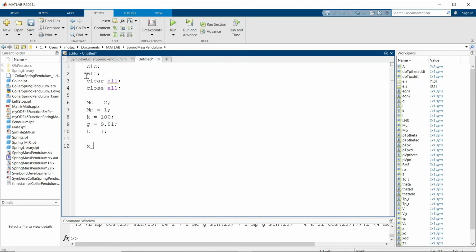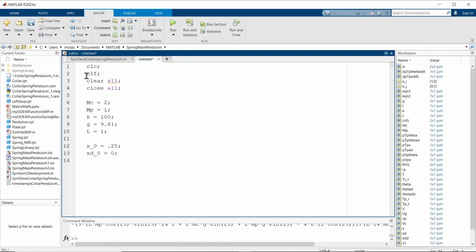And we'll set our initial conditions. So we'll push the collar to the right, 0.25 meters, and of course there's going to be no motion in the x direction, so x dot initial is going to be 0.